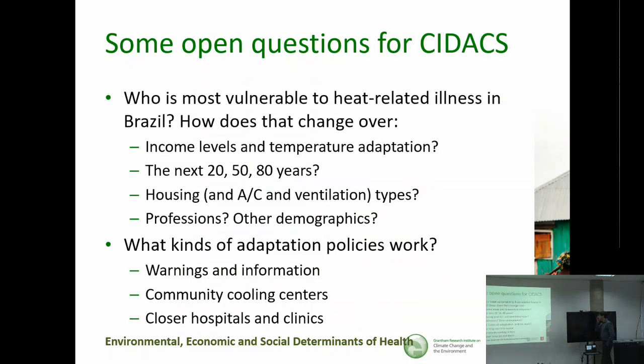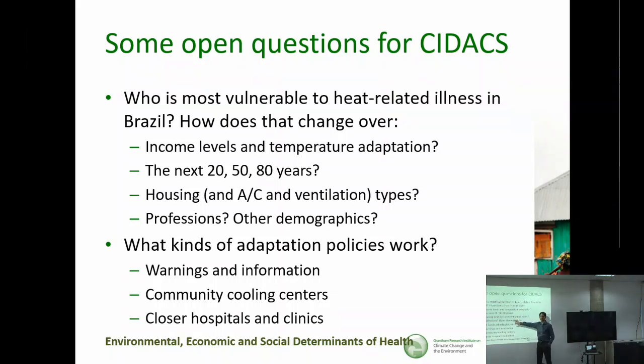So I think there are a few open questions I'd like to throw out there as potential opportunities for collaboration between the work that I've been showing you here and the incredible data that you've been putting together at Cidacs. One is to really dig into the question of who's really vulnerable to these high temperature death rates.